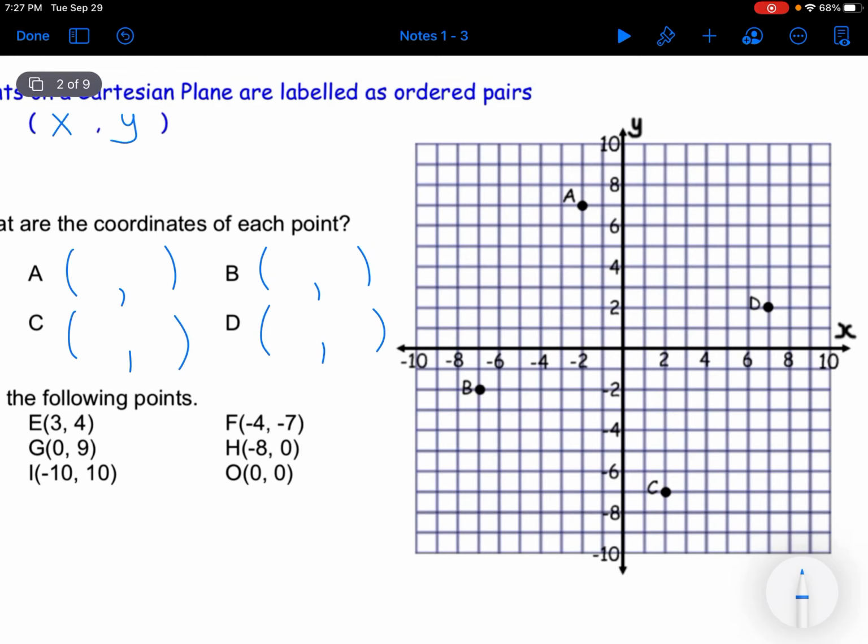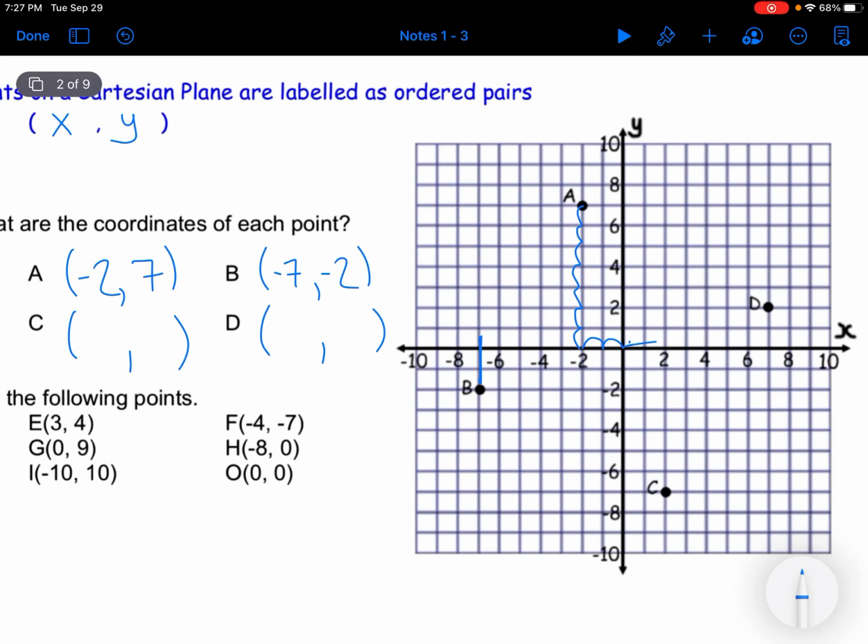A, I always do my x's first. A is 1, 2, so -2, and then it's up 1, 2, 3, 4, 5, 6, 7, so -2, 7. Always x and then y. B comes down from -7, and it goes down 2, so -2.